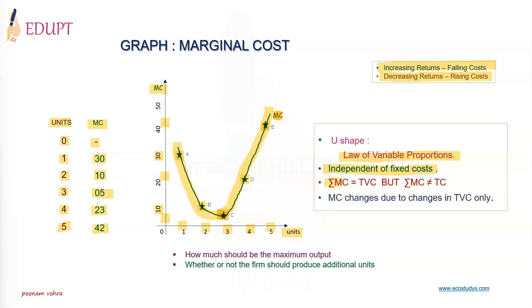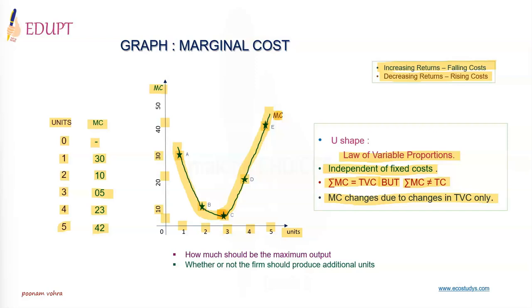So, summation of marginal cost is total variable cost, but summation of marginal cost is not equal to total cost. It is so because fixed costs are a part of total cost. Marginal cost hence changes due to changes in total variable cost only.